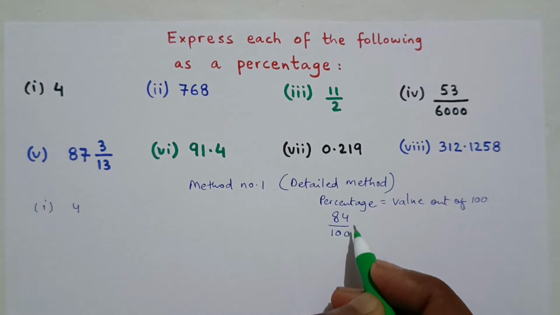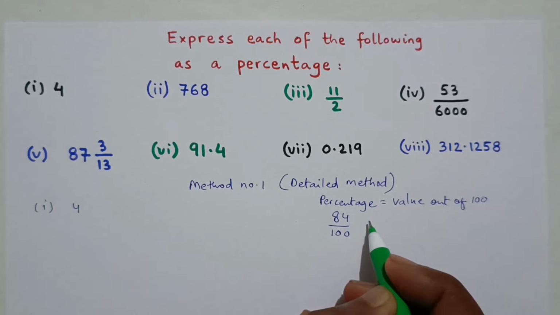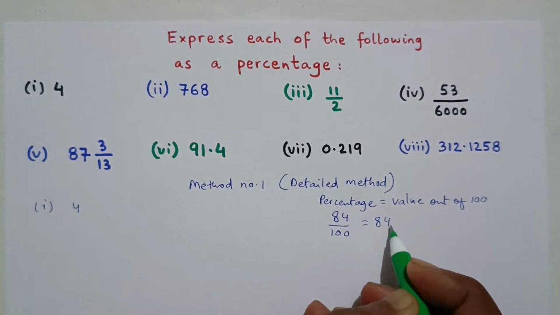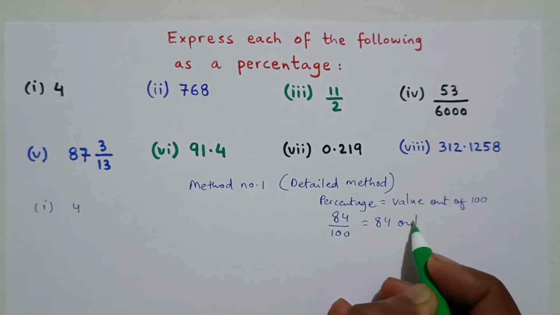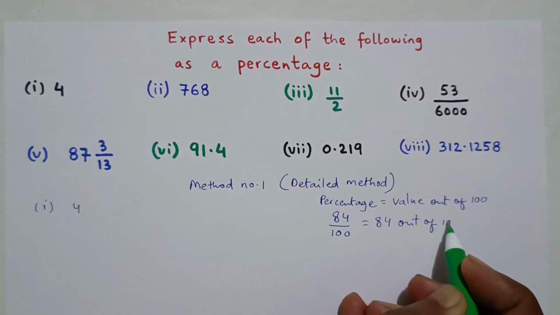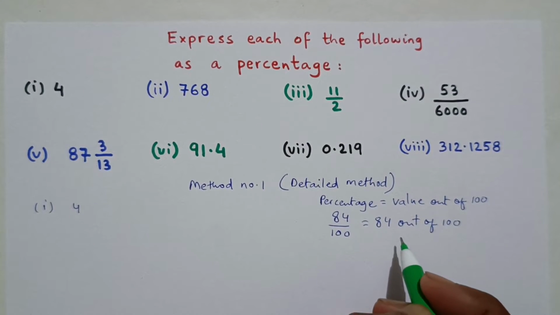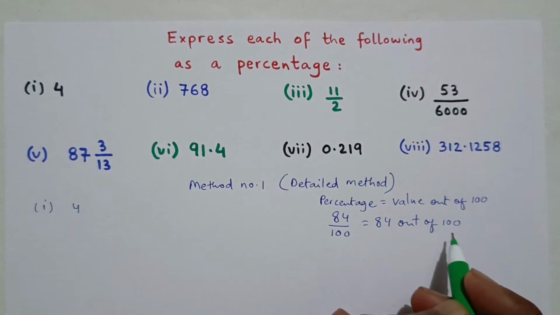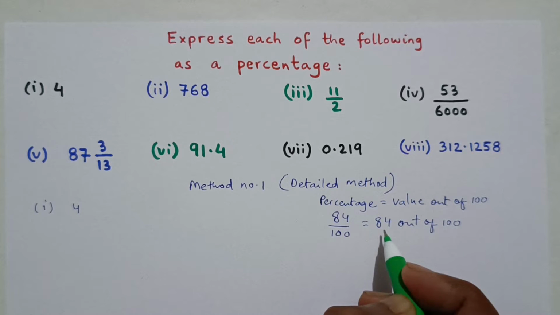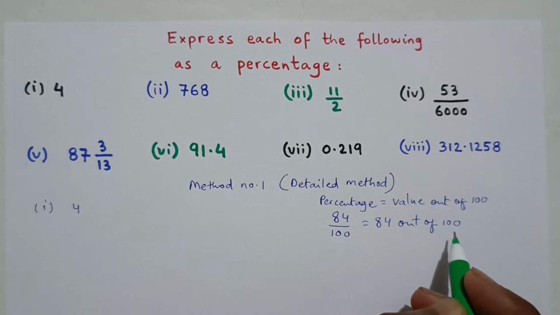This is usually the representation in exams. So what is the value out of 100? The value is 84.